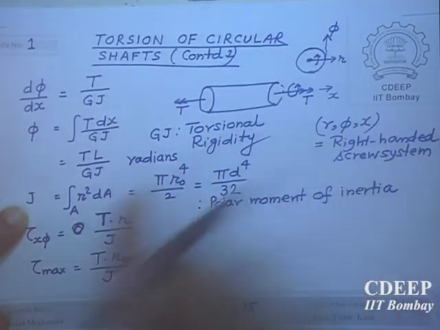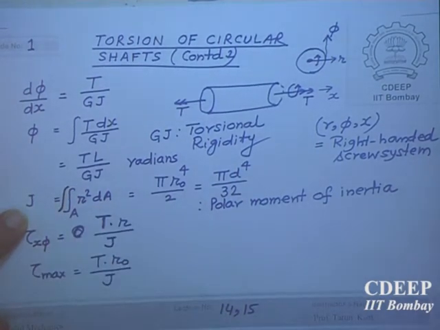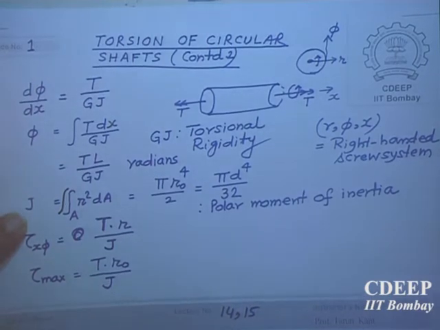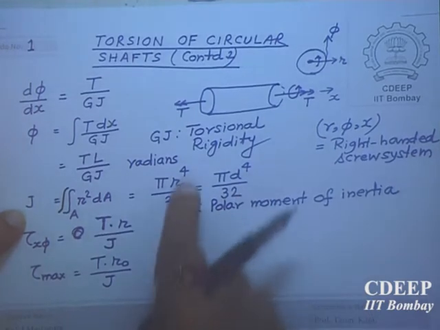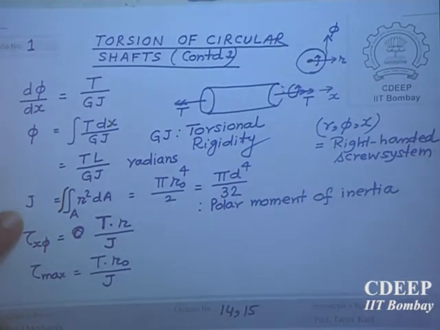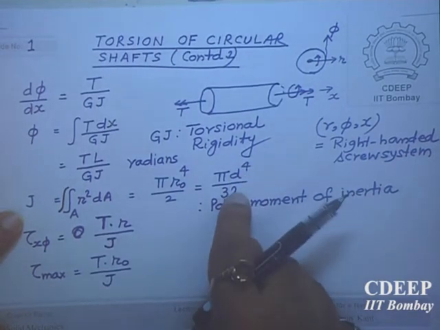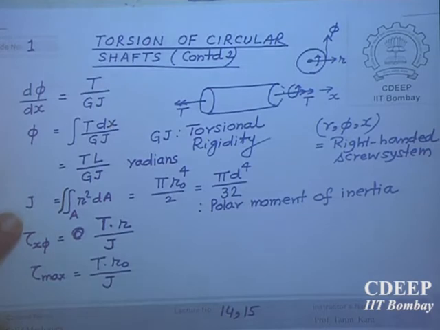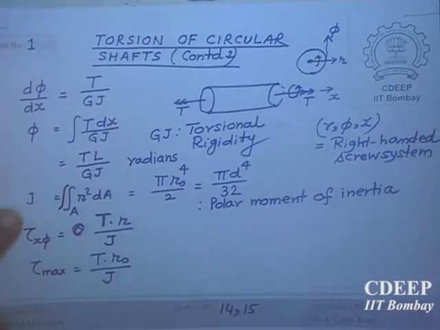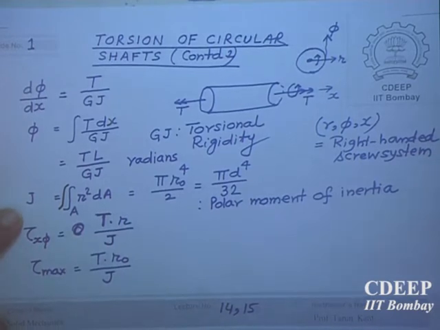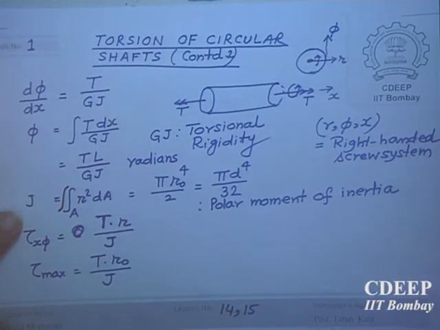So it is a two-dimensional integral over area. And for our circular shaft, it comes out to be pi r naught to the 4 by 2, or in terms of the diameter of the shaft, pi d to the 4 by 32. So this you please remember. You don't have to refer to your notes or anything. Polar moment of inertia is pi r to the 4 by 2 or pi d to the 4 by 32.